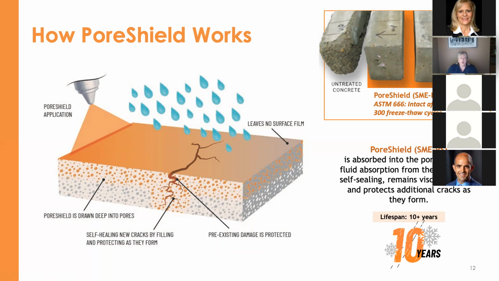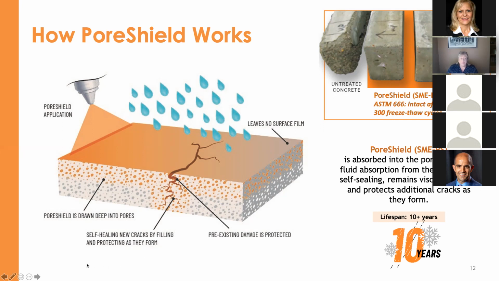Now, how the Pore Shield soy methyl ester polystyrene works is when applied topically, it goes into the concrete, penetrating 2 to 3 inches, like capillary suction, into this pore network. It actually never cures. It's not a chemical reaction.